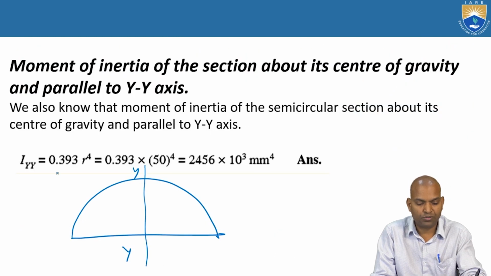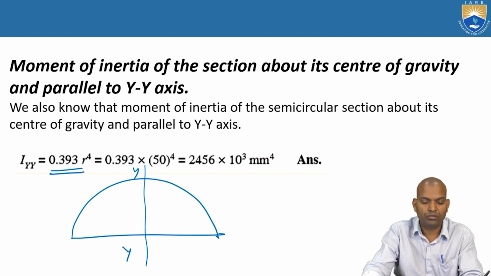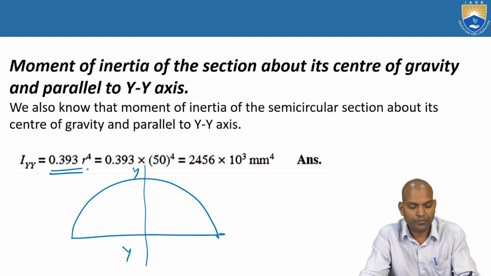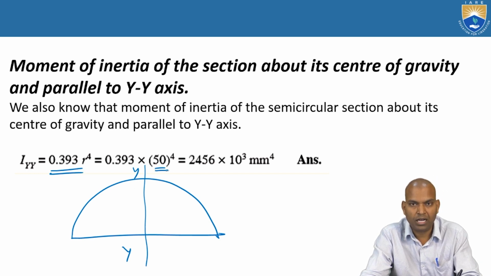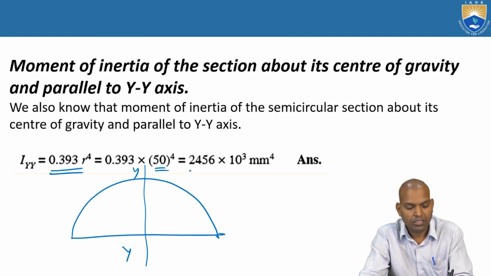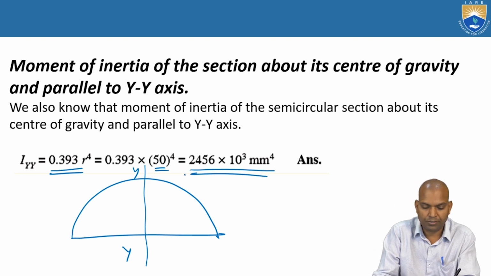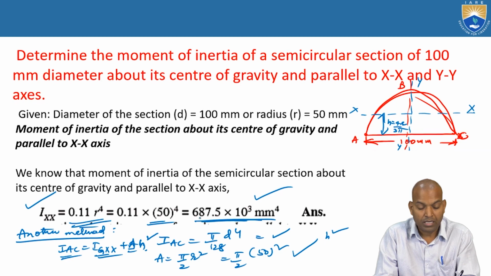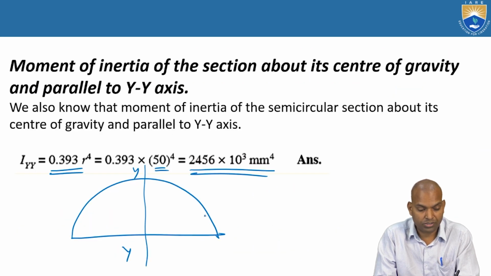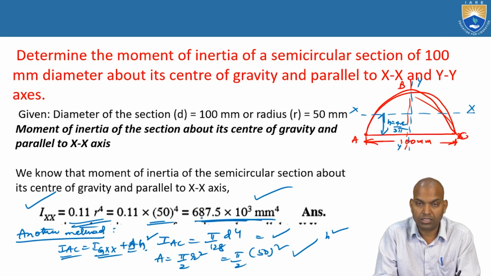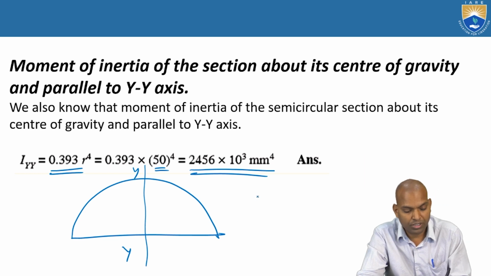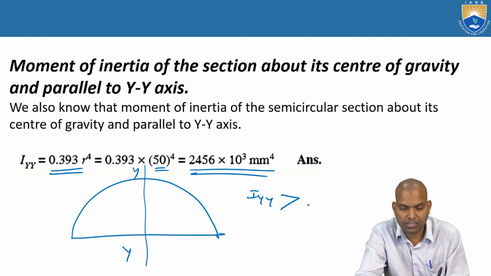So Iyy equal to 0.393 times 50 millimeter power 4. That is 2456 into 10 cube millimeter power 4. Here XX it is 687.5. So in this case Iyy is greater than Ixx.